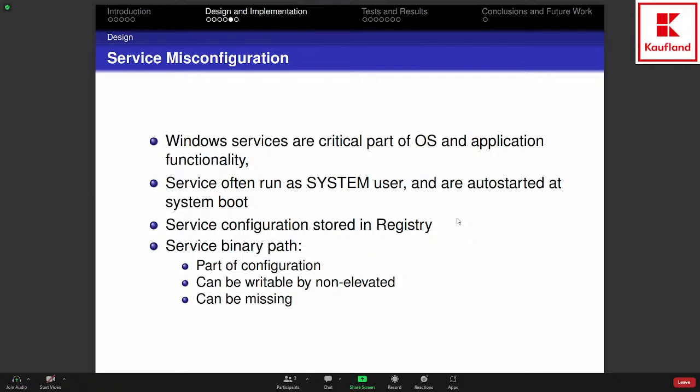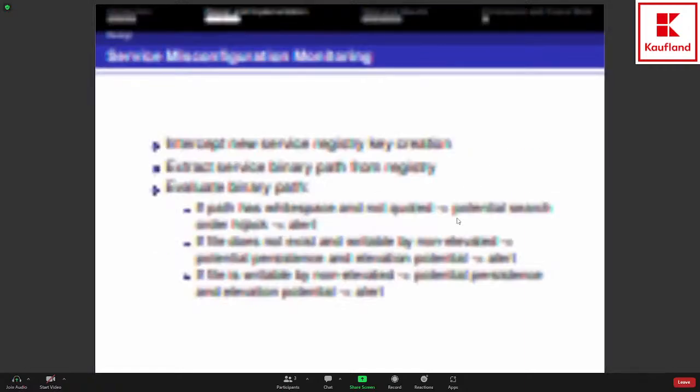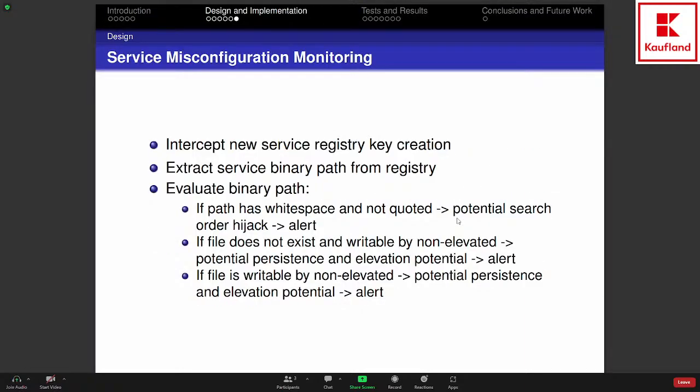So an attacker might come in and replace that binary. That's what the monitor checks. It checks new service creations, and if there is something wrong with the path, it generates an alert.